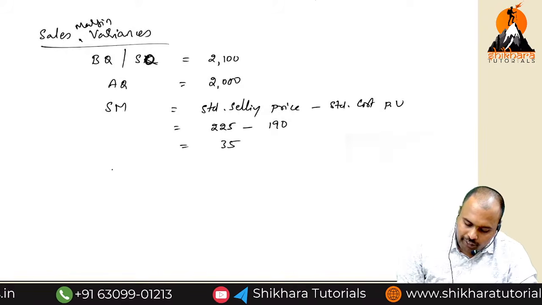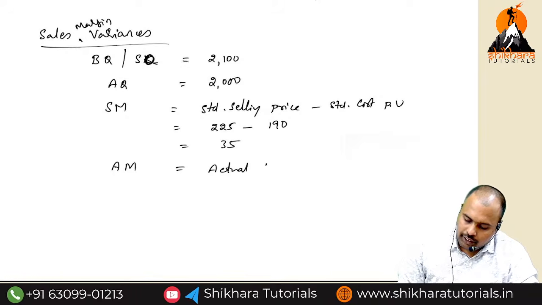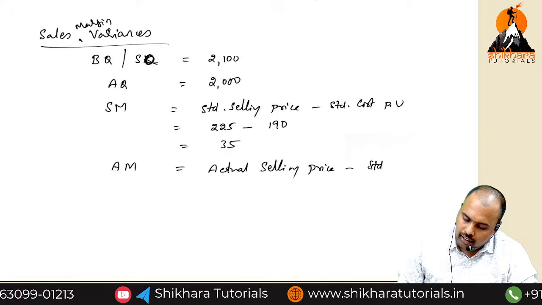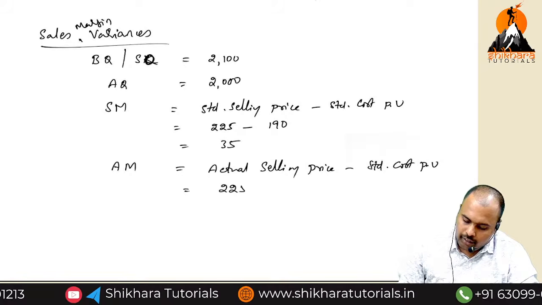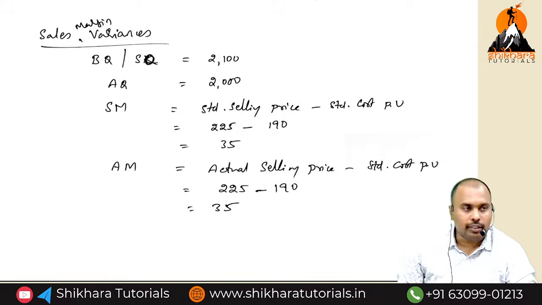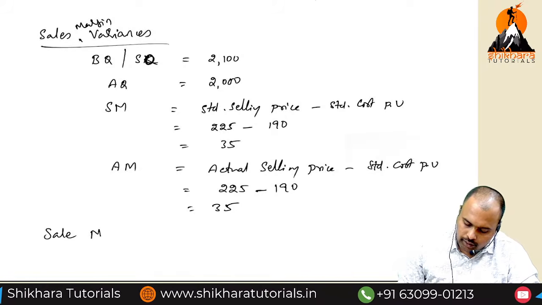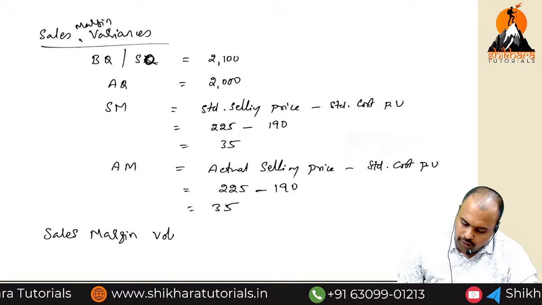Okay, then what about actual margin? Actual selling price minus standard cost per unit only, which is nothing but actual selling price is also 225. So actual margin also has to be 35. Now what about sales margin volume variance?